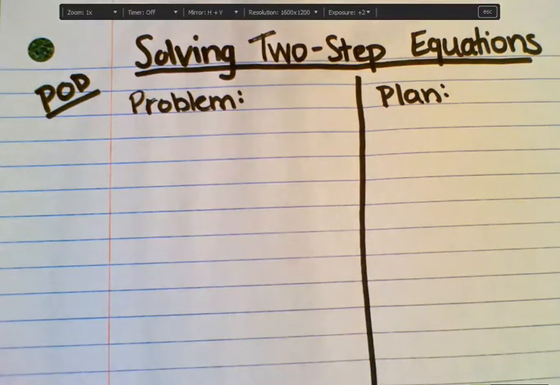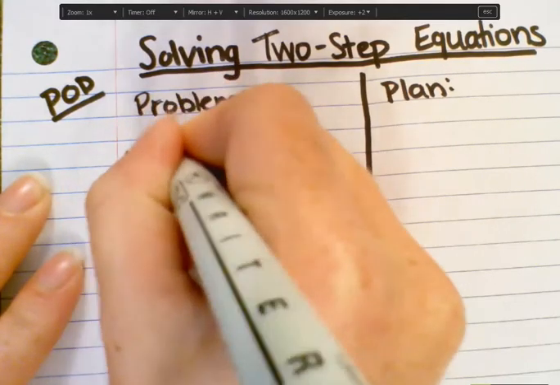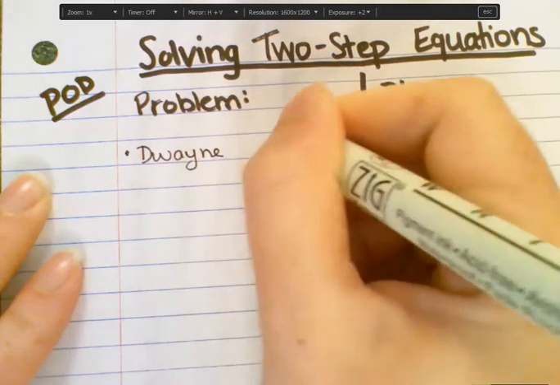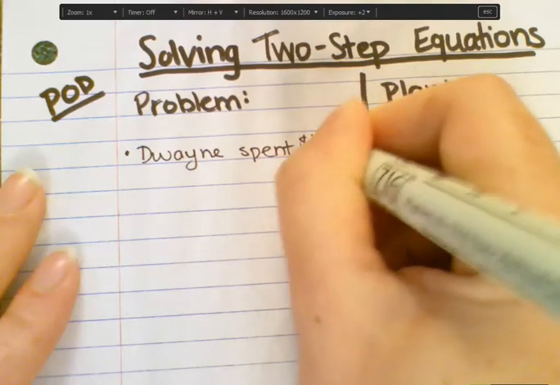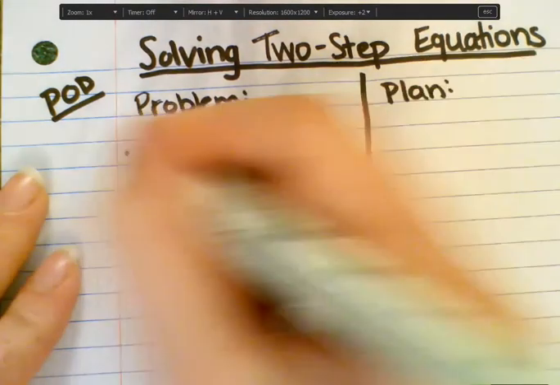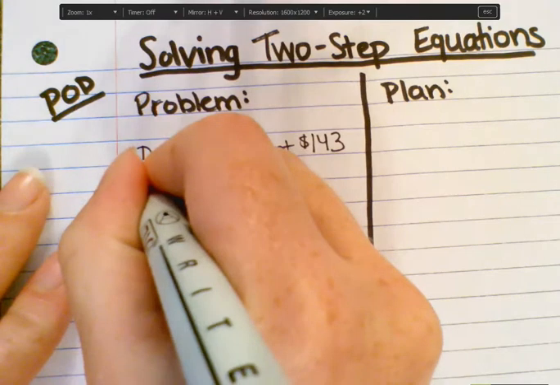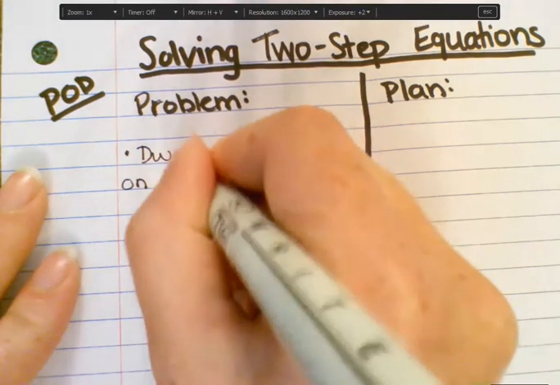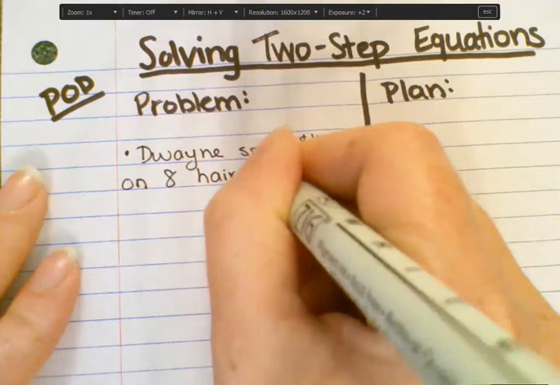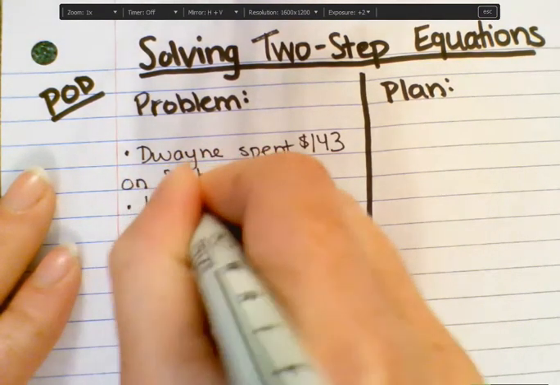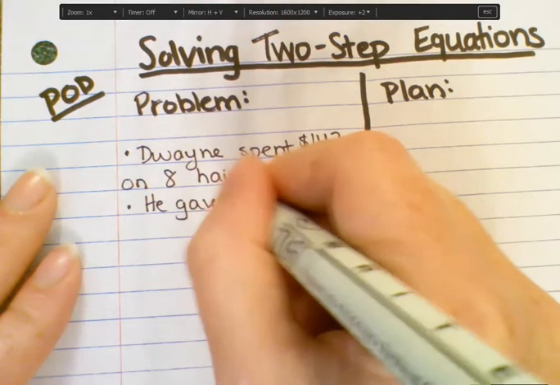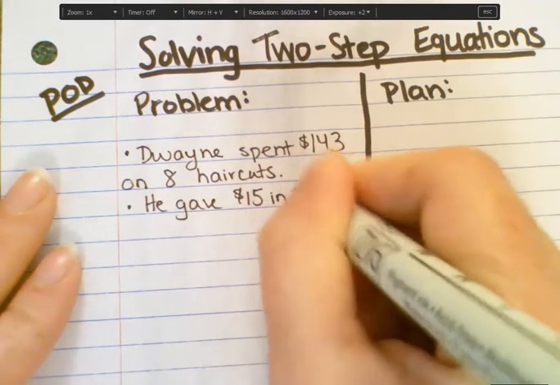Alright, so we're going to write down that Dwayne spent $143 on, it looks like we had 8 haircuts, and he gave $15 in tips overall.